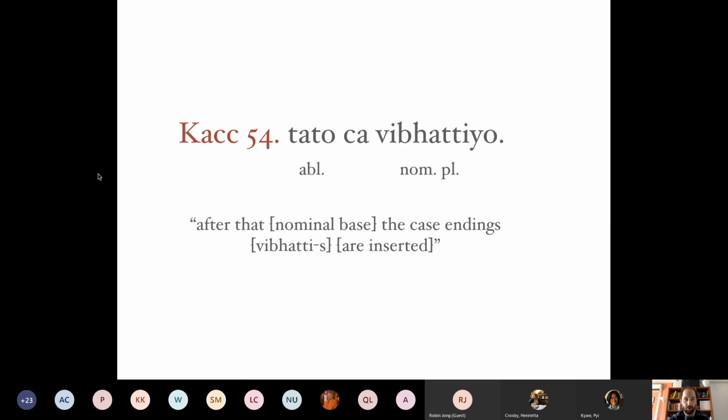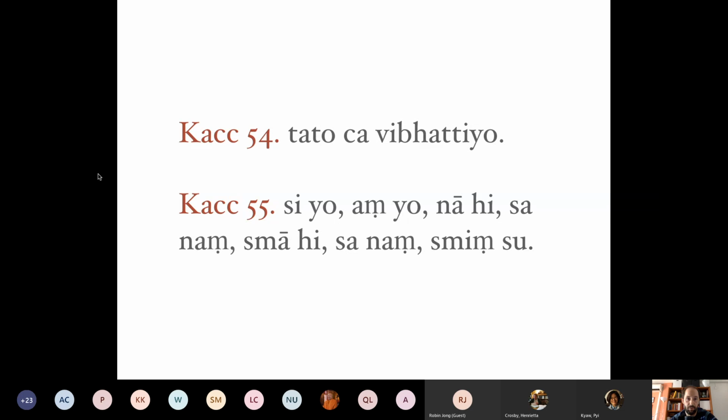After Kaccāyana 54, we have Kaccāyana 55, which gives us the vibhattis. That is siyo, amyo, nahi, sanam, smahi, sanam, smim, sum. So it might not be directly obvious what this means, but because we have already mentioned the name vibhatti before, the vibhattiyo, the vibhattis, what comes next is nothing but the definition or the representation of what these vibhattis are.